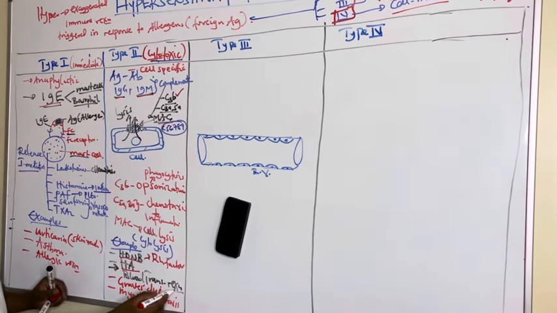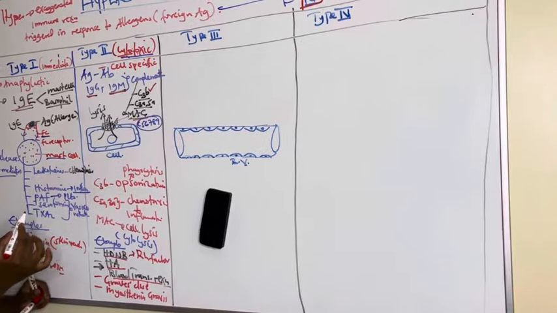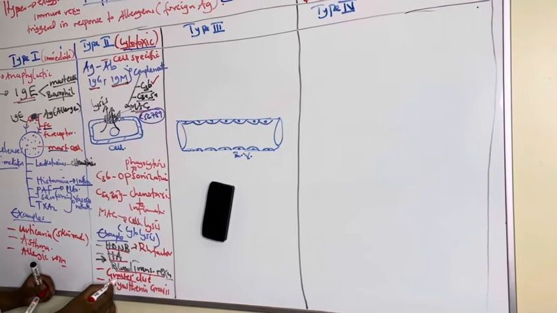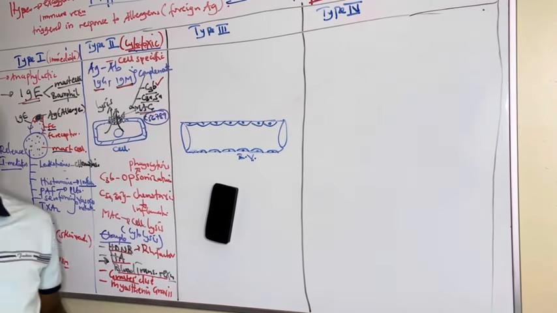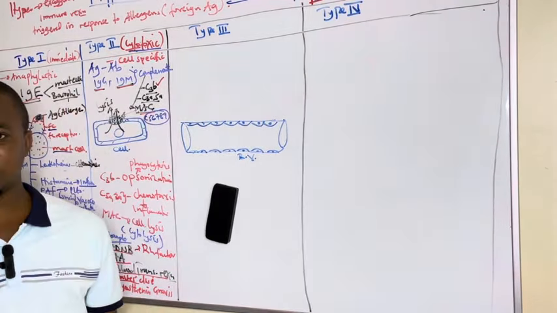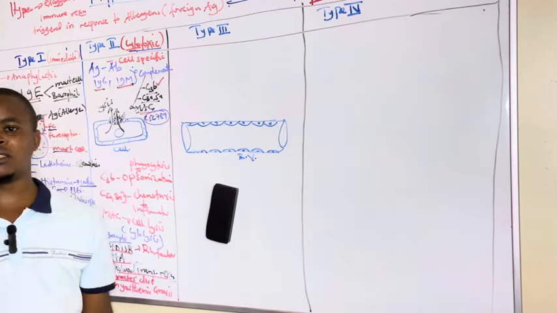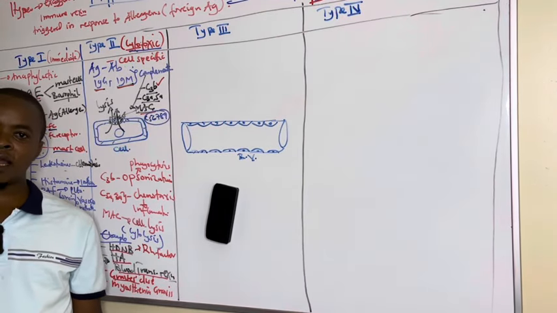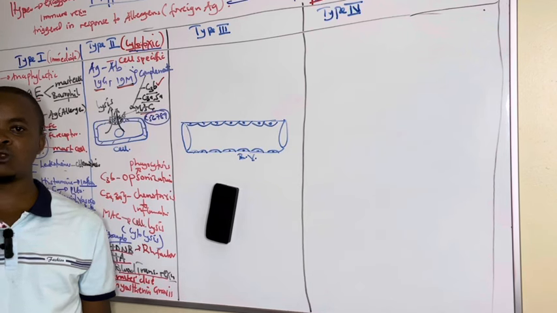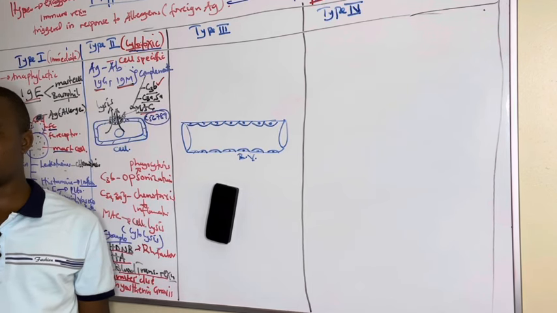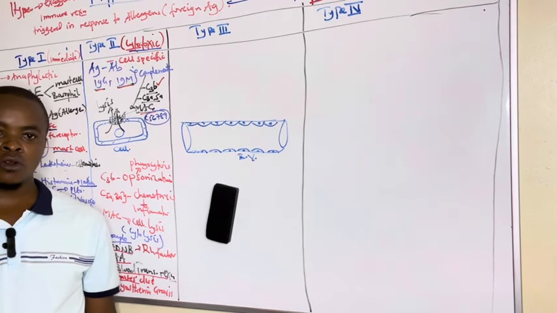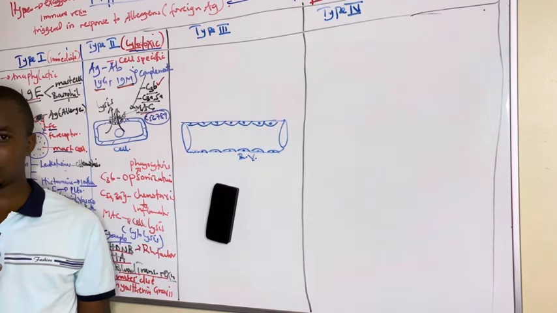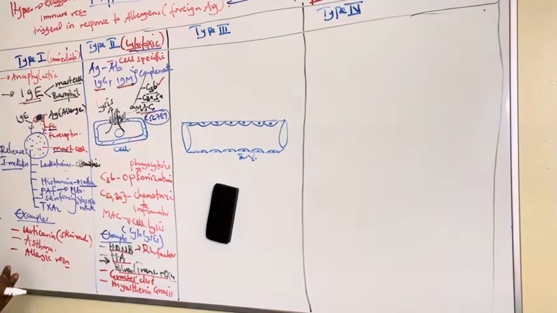Then blood transfusion reactions, when you are given a wrong blood group. And Graves' disease is whereby the body is producing autoantibodies which resemble thyroid stimulating hormone. These autoantibodies come and destroy the follicular cells of the thyroid gland, leading to hyperthyroidism. That is what we call Graves' disease.